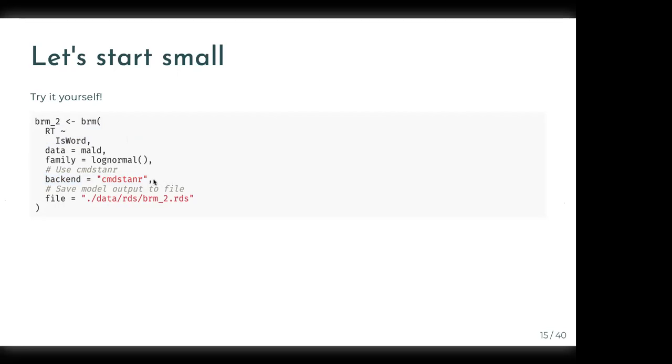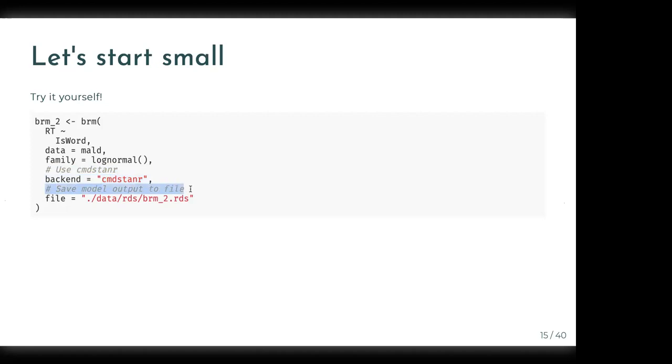They both do the same thing, but cmdstanr tends to be less fussy about things, and it's slightly quicker than rstan. So that's why we're using this for this workshop. But again, this is just a technicality. Just remember that you have to include backend equals cmdstanr. For this to work, you have to have successfully installed cmdstanr based on the instructions that I gave.